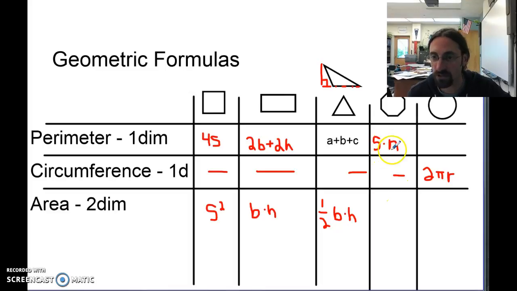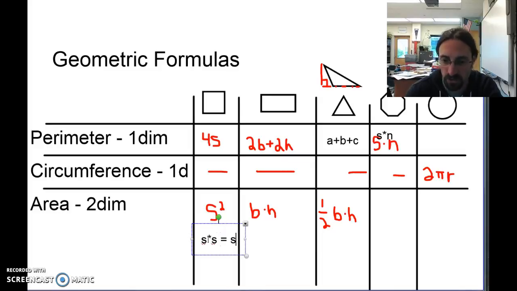So S times n. And again, if you feel better if I write these things out, maybe I'll just put that in there. I'll do S times n. Okay? And down here, this is really S times S, which is the same as S squared.